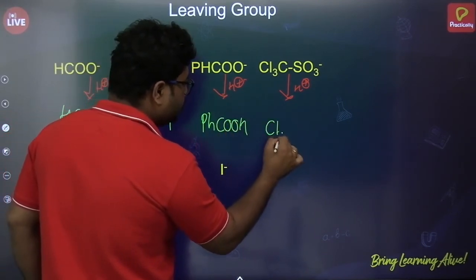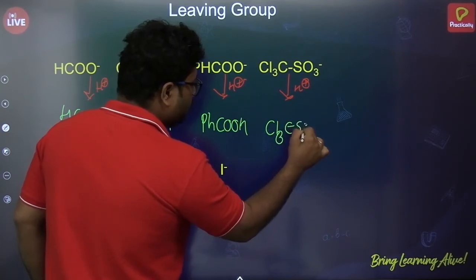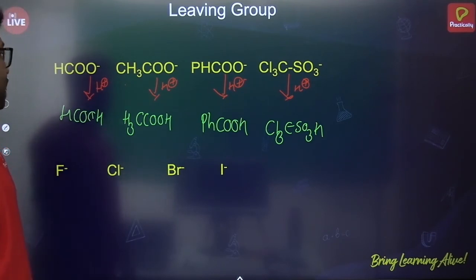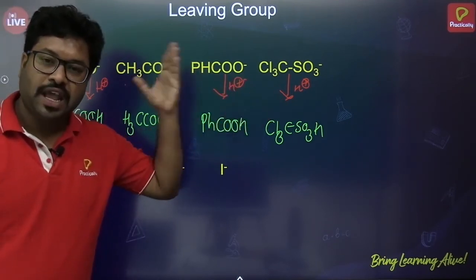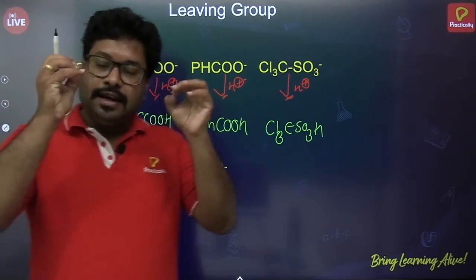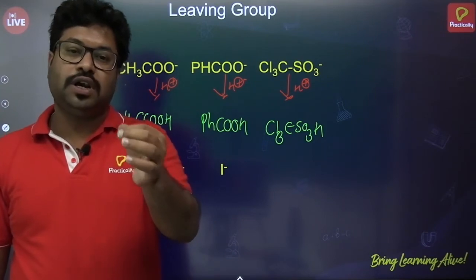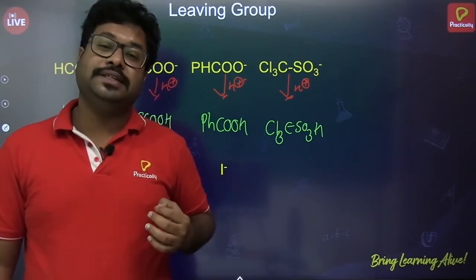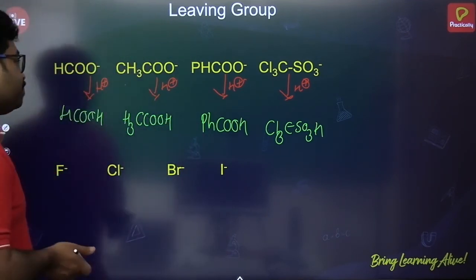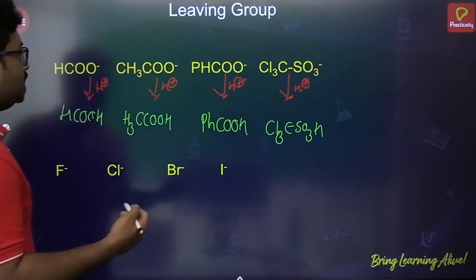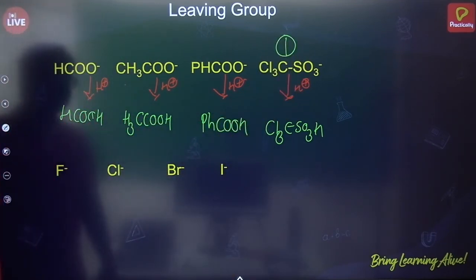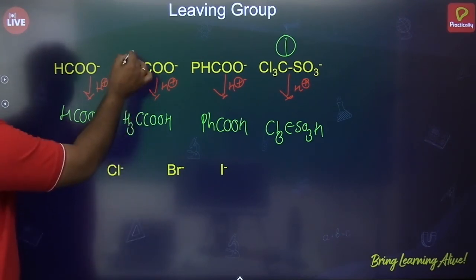This will give you CF3SO3H. The strongest acid will be this, and the weakest base is formed by that. And the weaker the base, the better the leaving group. That means the leaving group ability is inversely proportional to the basicity, or I would say it is directly proportional to the pKa of the conjugate acid. So the best leaving group would be the first one, and the last one would be this one.